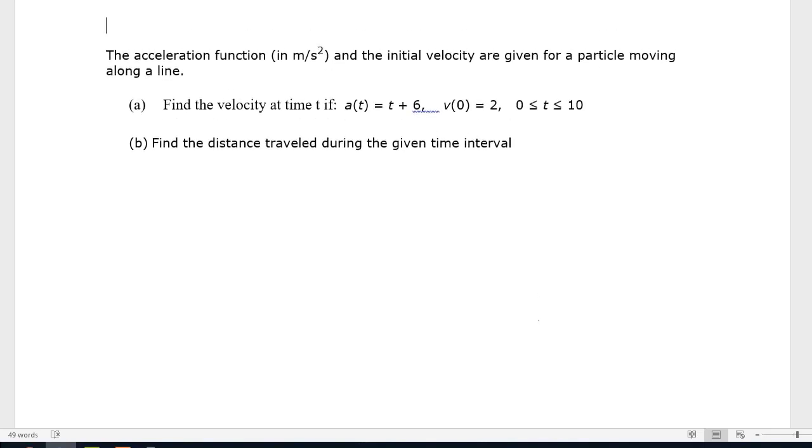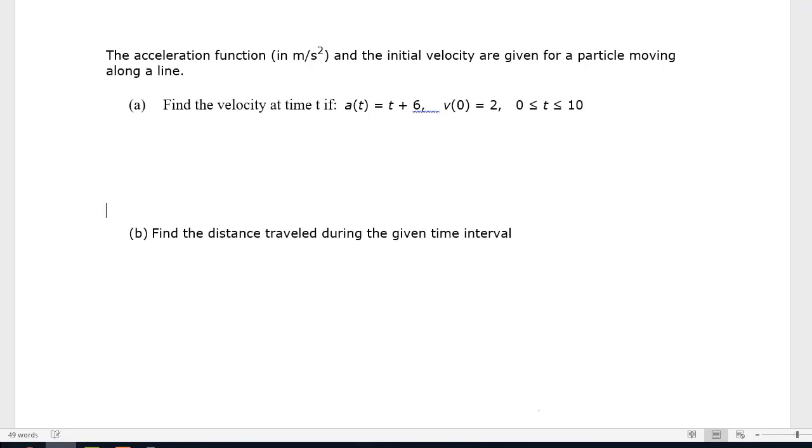So let me give myself a little bit of extra space here. Just like we talked about a second ago, if I'm going to find velocity, that is the integral of my acceleration.